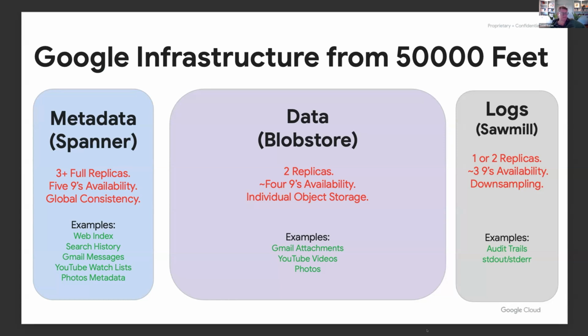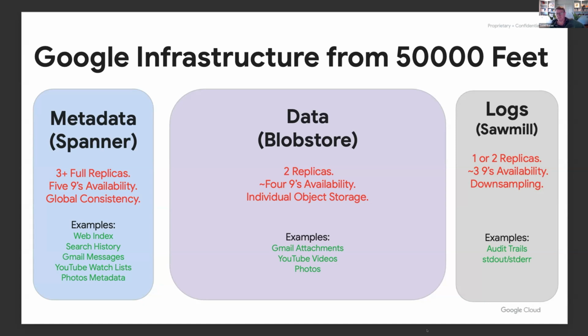It's stored in Spanner. We have 3 or more complete replicas of the data, and we provide global consistency. So Spanner is used to store the web index, the search history, the text of your Gmail messages, the information on your YouTube watch lists, metadata from your photos.